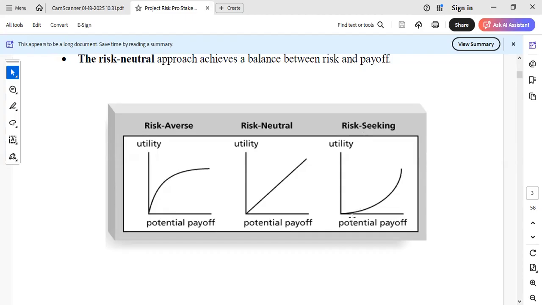For the risk seekers, the potential payoff increases while the utility stays low. They want to ensure that everything that they do promises a high payback. Even with the least investment, they are still willing to move forward.